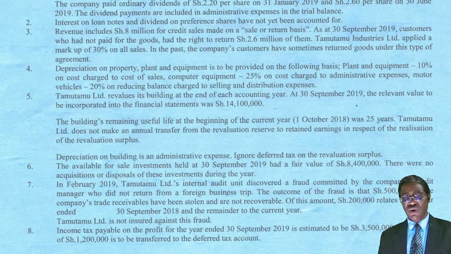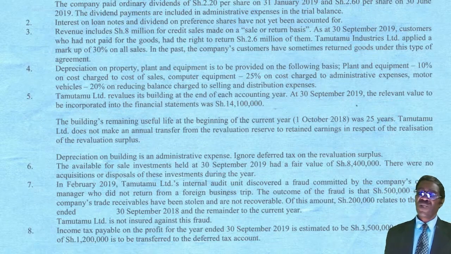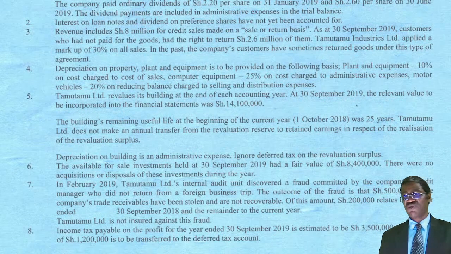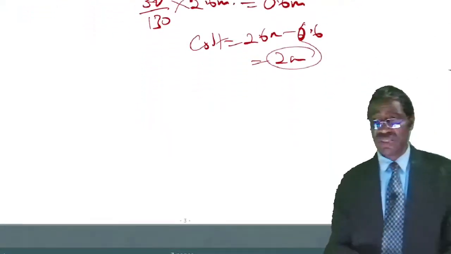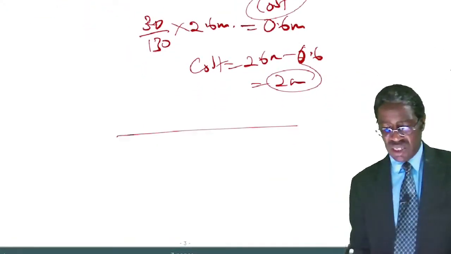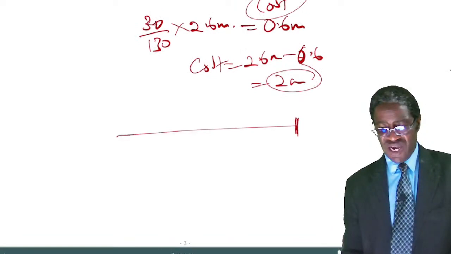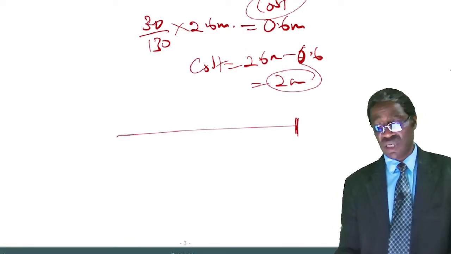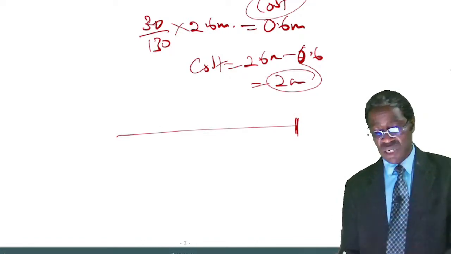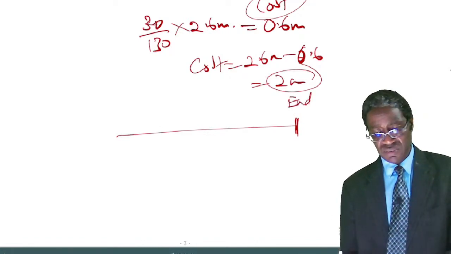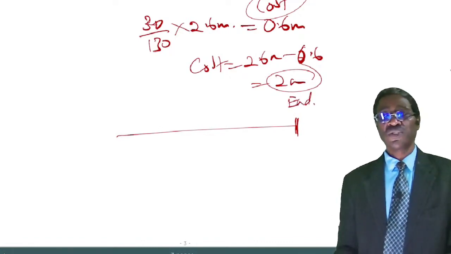So let me explain the whole thing there. Let me explain that note number 5 so that you understand it. Here is the issue. Listen. This company revalued their building at the end of the year, to how much?